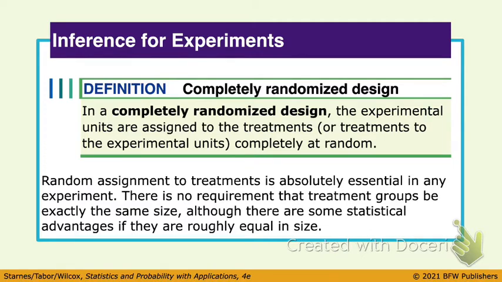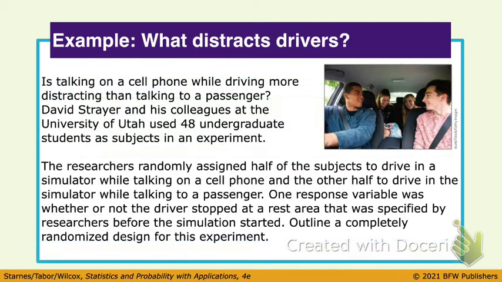Okay, so here's our example. What distracts drivers? Is talking on a cell phone while driving more distracting than talking to a passenger? David Strayer and his colleagues at the University of Utah used 48 undergraduate students as subjects in an experiment.